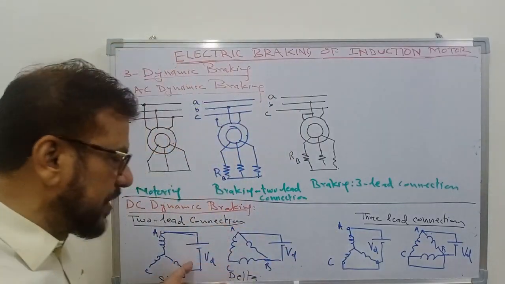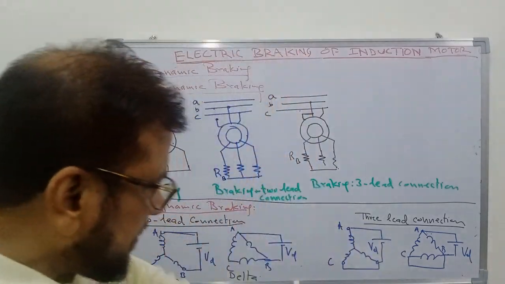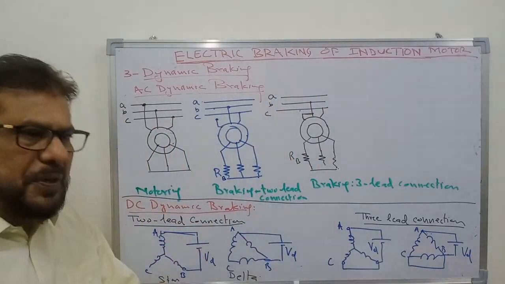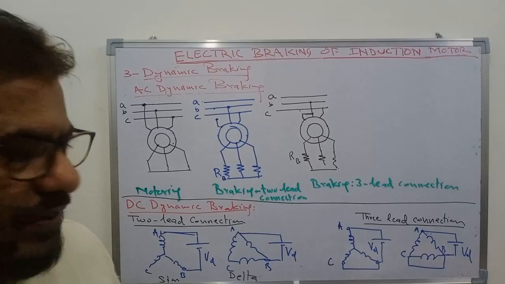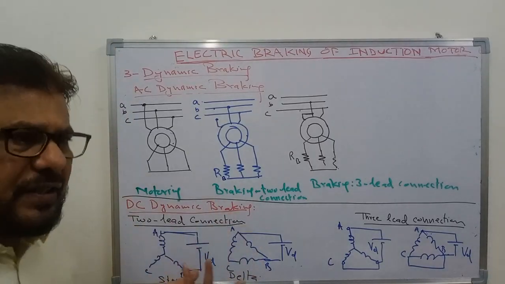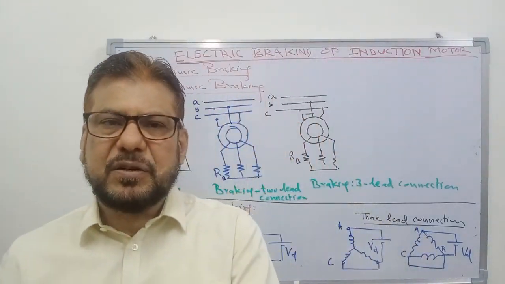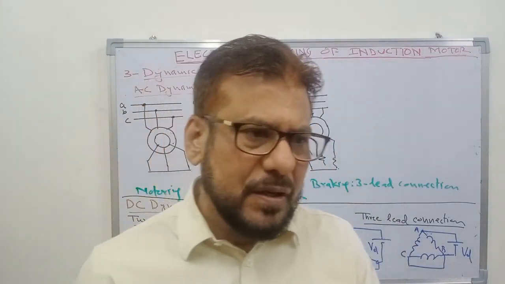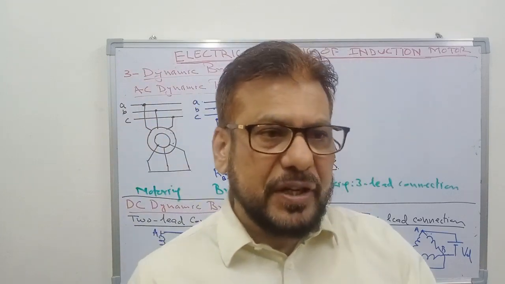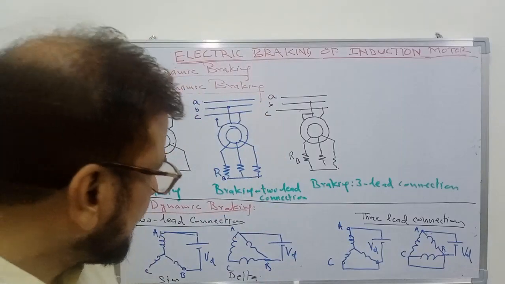This will act as a braking torque, and the energy generated will be dissipated in the rotor winding resistance. You can say that in this case the machine is working as a generator. The mechanical energy is coming from the motion of the rotor, and that is converted to electrical energy and dissipated in the rotor winding resistance.